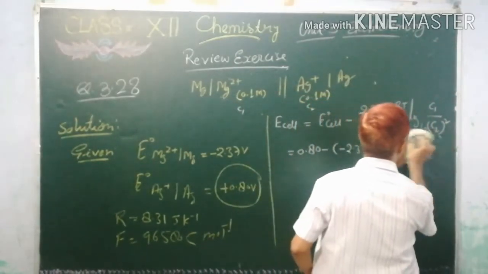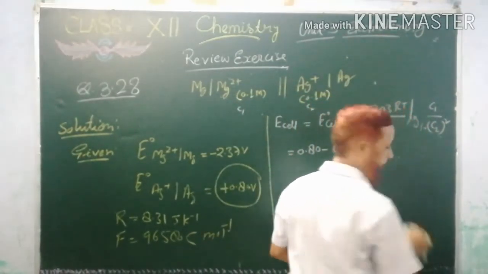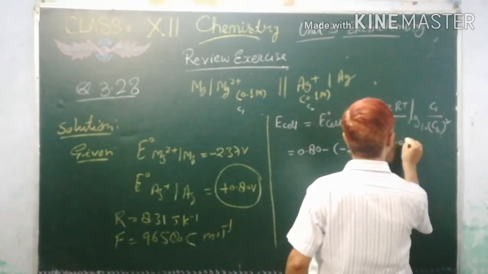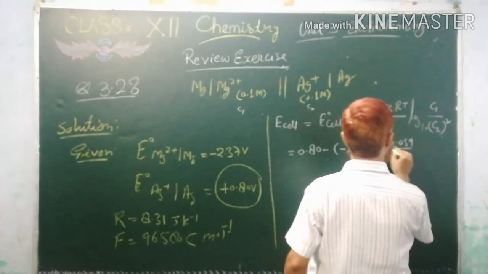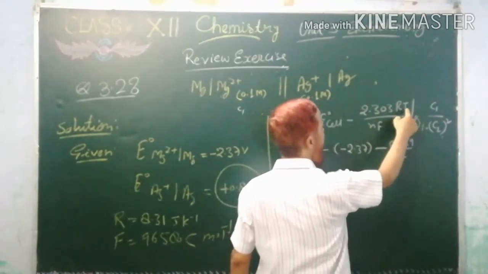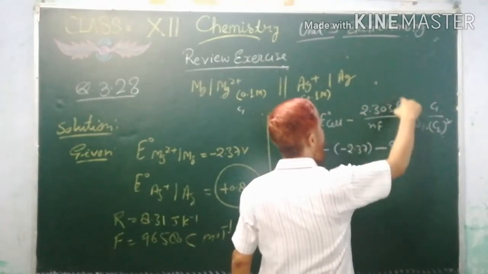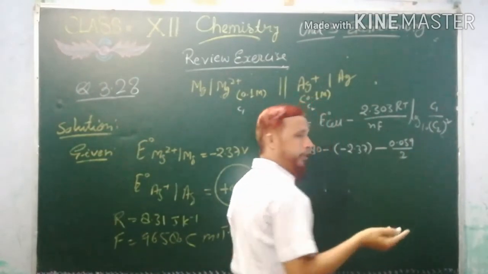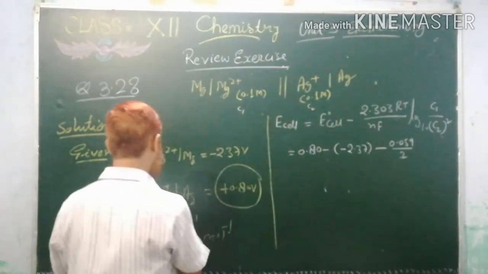So finally we will write here minus 0.059 upon the value of n, which is 2. It means I have substituted the values of R, T and F, and when we solve finally we'll get 0.059. You will substitute the values because in the question it is given.